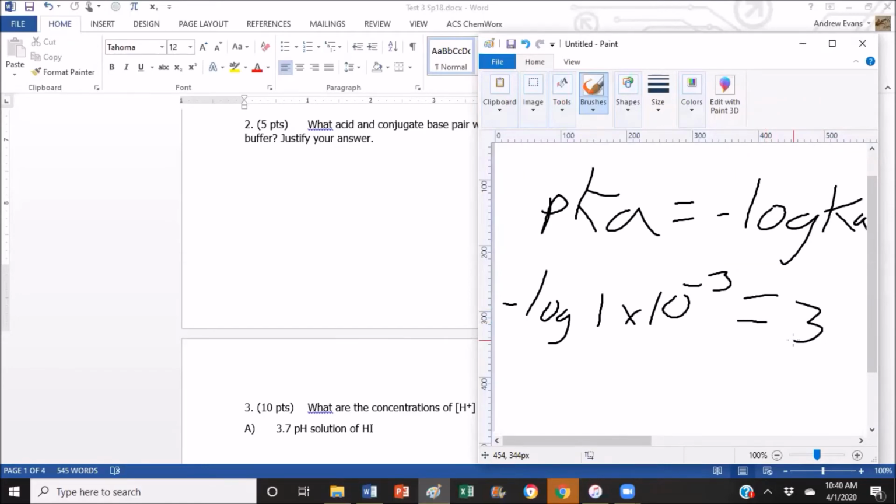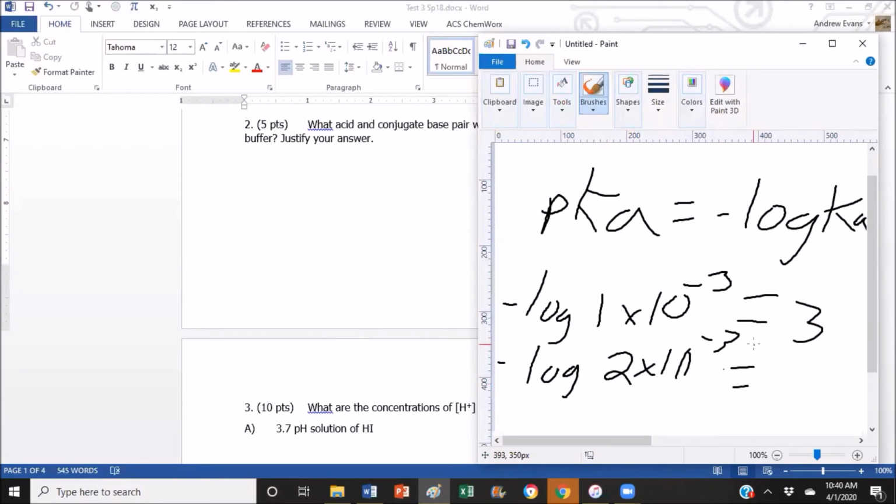If I have anything greater than that, say 2 times 10 to the negative third, the negative log is going to be less than 3.